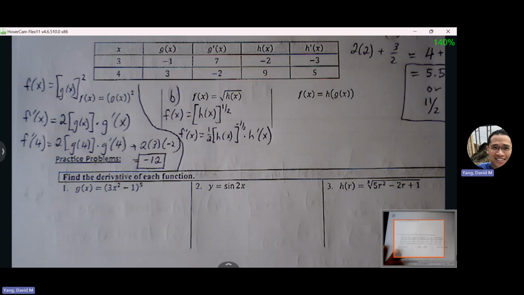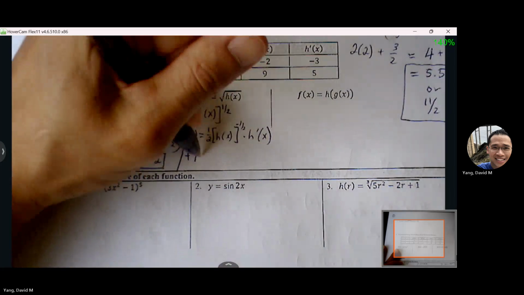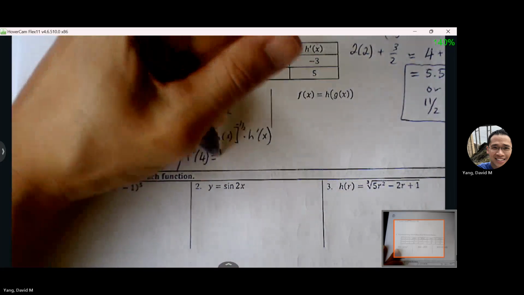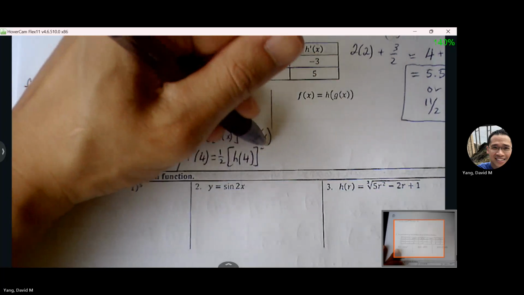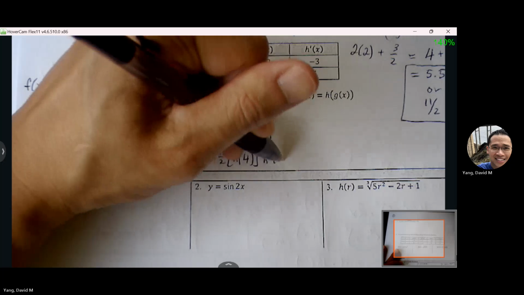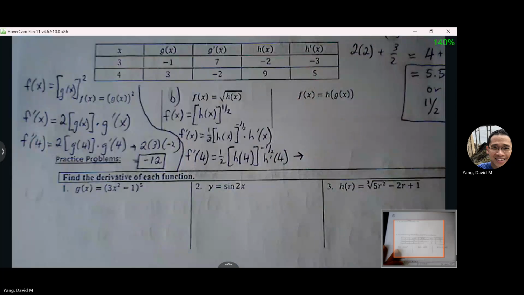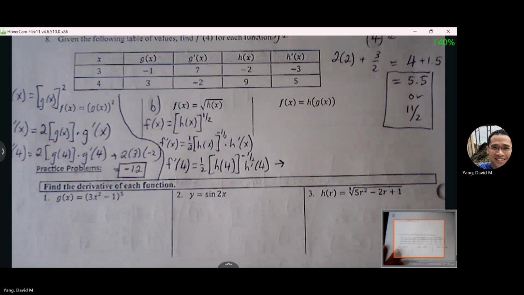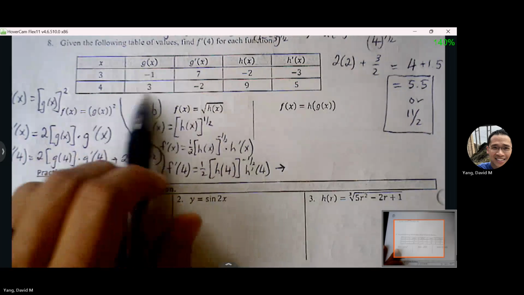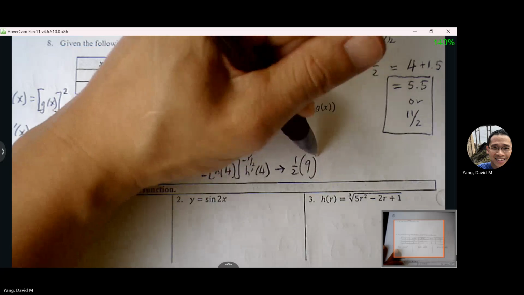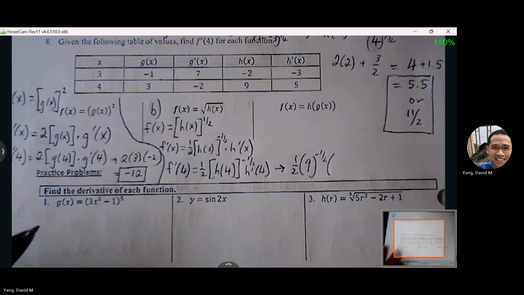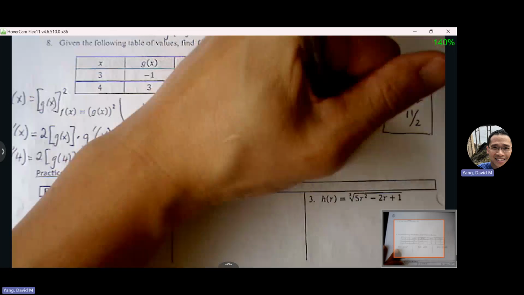Replace every x with 4. H of 4 is 9. H prime of 4 is 5.